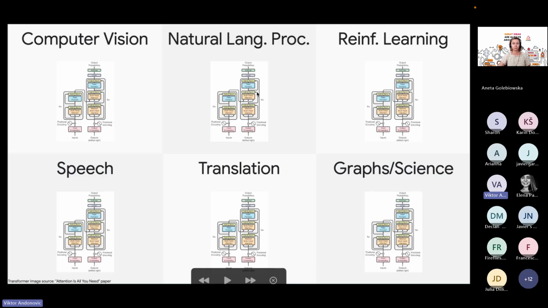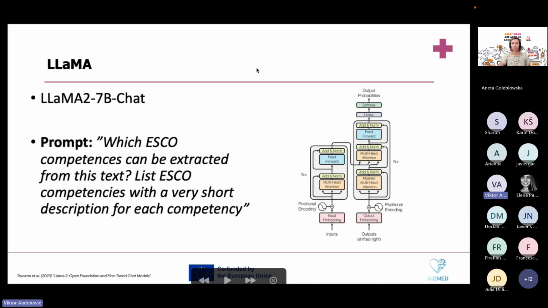And this is the backbone of the modern language models, such as the one in ChatGPT, in Llama, in Gemini, and so on. So we used the Llama model because we did not want to share the data with the providers of the language models. Llama is an open source language model. We used the second generation of the Llama model, which is trained for chat, and we prompted it with the following prompt.